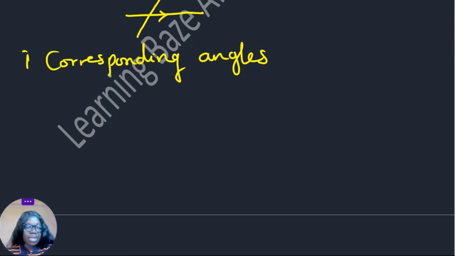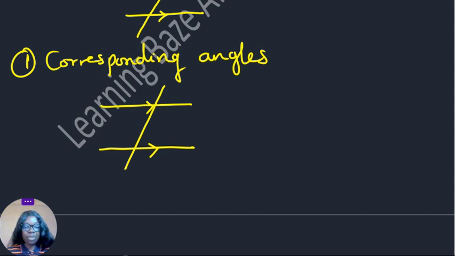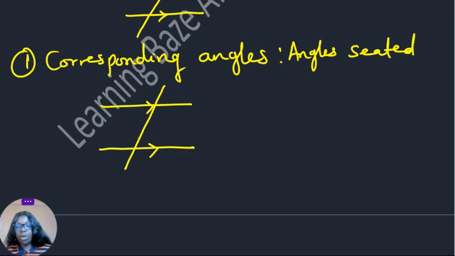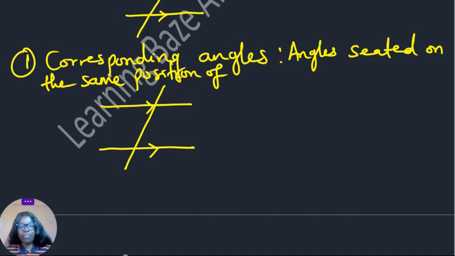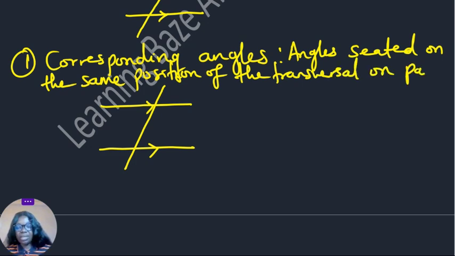Now, don't forget that this is the first type of angle. So we have parallel lines. We have transversal. So when angles are seated on the same position of the transversal on parallel lines.